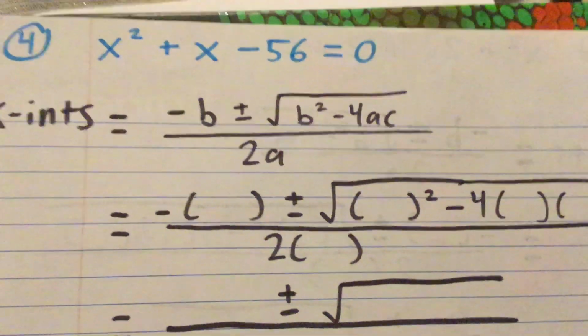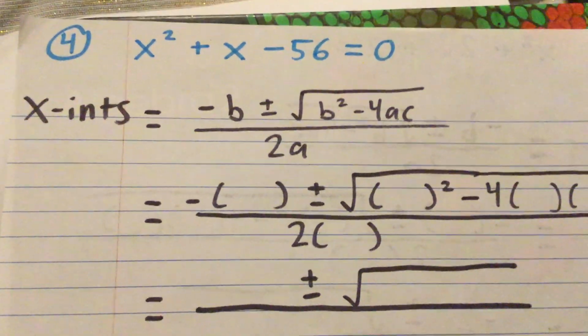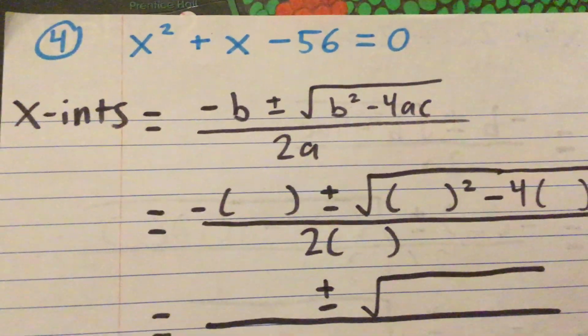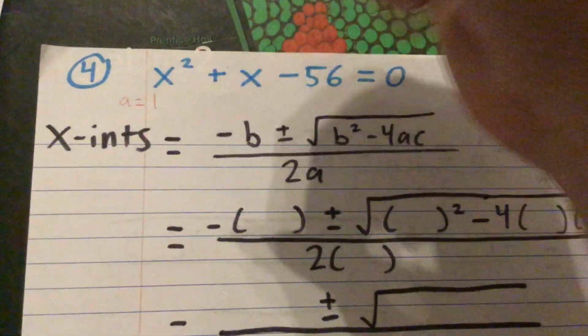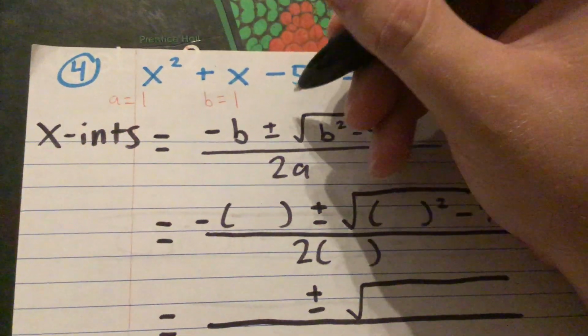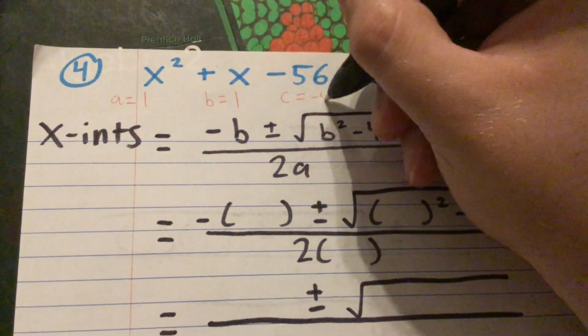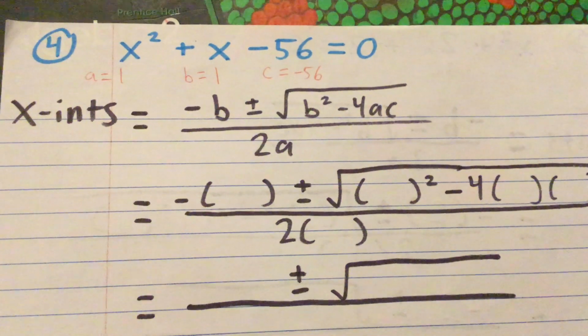Okay. Number 4. x squared plus x minus 56 is equal to 0. Okay, so first things first. a equals 1, b equals 1, and c equals negative 56. Let's plug it into the quadratic formula and see what happens.